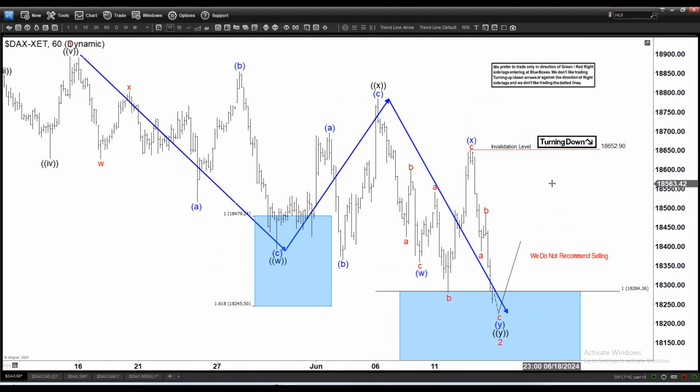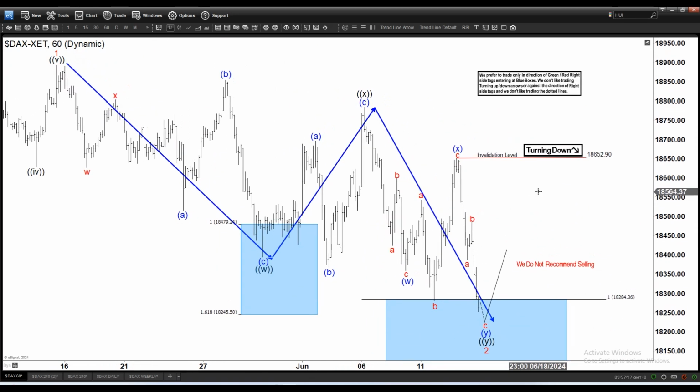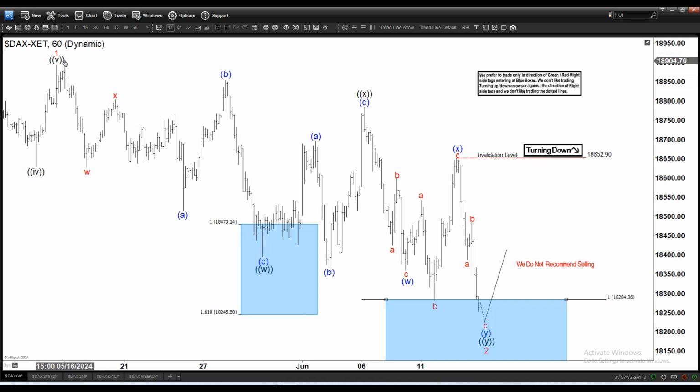Now the alternate that we can think about here is that this can be labeled as a flat, guys, as a flat structure, right? So we can say that this is an ABC flat from here.